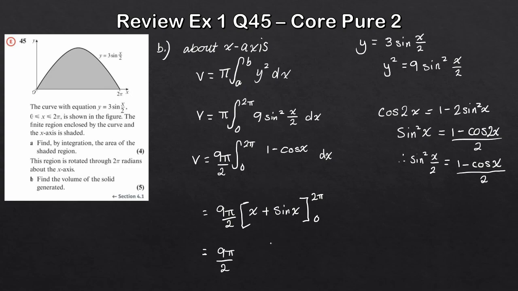So 9 pi over 2, plug in 2 pi, plug in 0, and evaluating that we get 2 pi. So we've got 9 pi over 2 times 2 pi. The 2's cancel to give us 9 pi times pi, which gives us 9 pi squared for V.